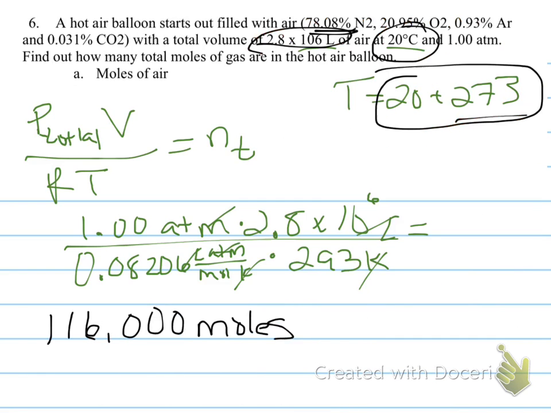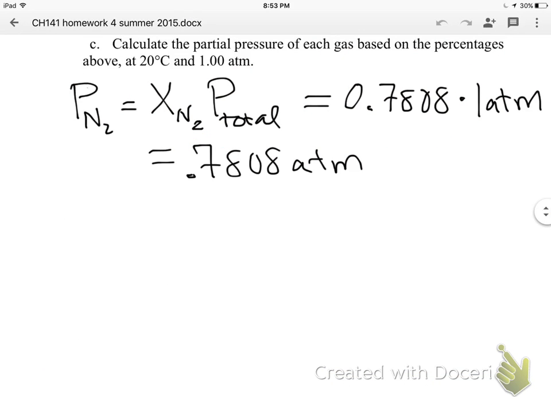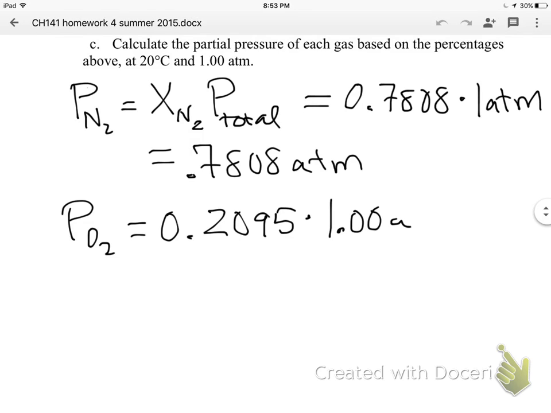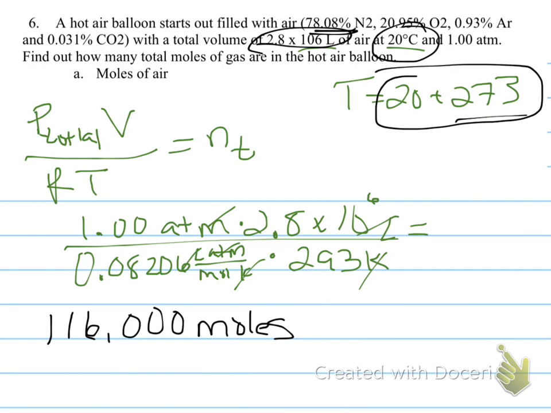For oxygen, the same thing applies. This time we have 20.95, so my fraction will be 0.2095 times 1 atmosphere, which is 0.2095 atmospheres.